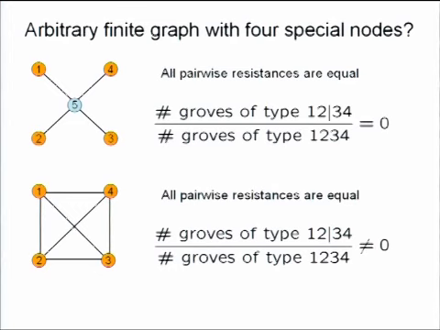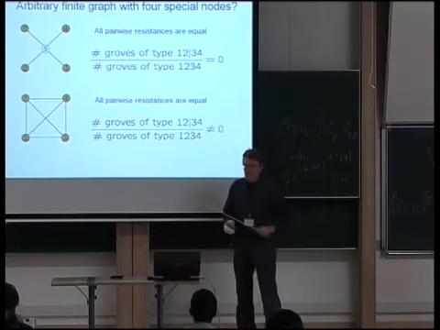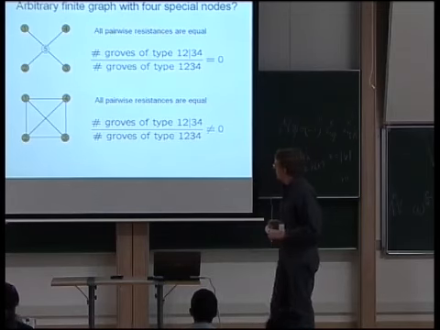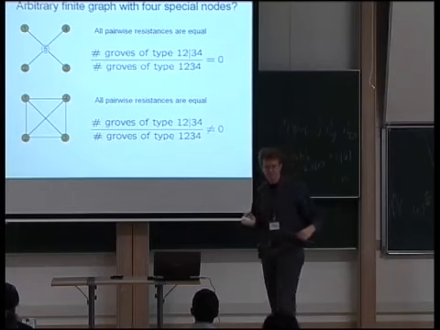And here's another graph in which all the pairwise resistances are equal. But in this case, 1 and 2 can be connected, 3 and 4 can be connected, and yet these 2 connections are disconnected. And so that tells us that if we want to say anything about 4 nodes or more, we have to make additional assumptions.